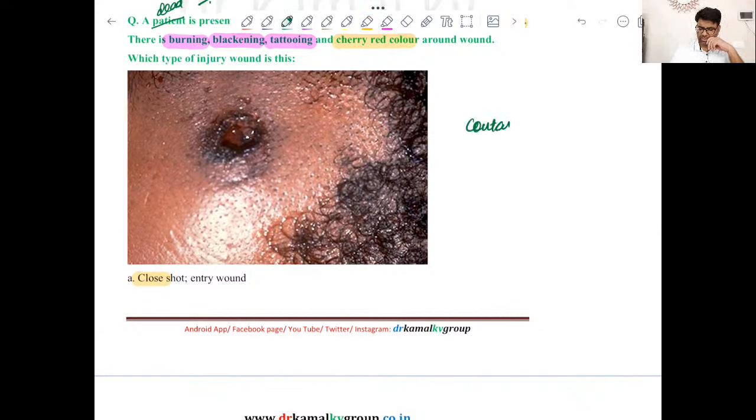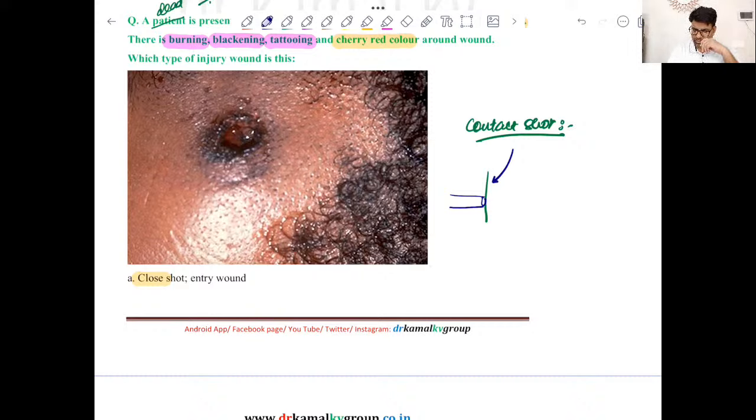As the name suggests, contact shot means if suppose this is the part of the body, the muzzle is in close contact with the body, right? So this is known as contact shot. Now what will happen whenever there is a contact shot?